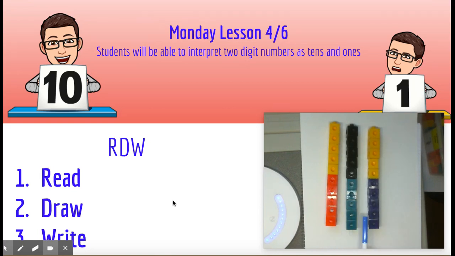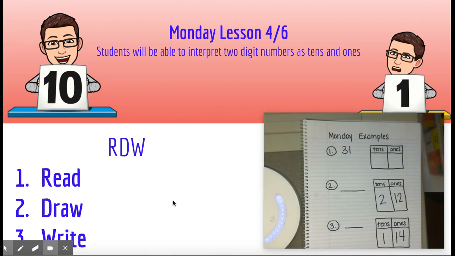How many 10 sticks are in 30? Right, 3. But our number was 31. How many 1s do we see for 31? 1, right. So we have 10, 20, 30, 31.